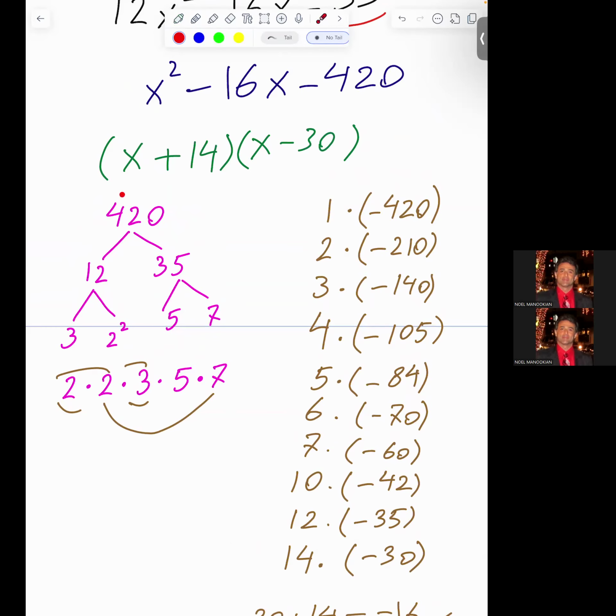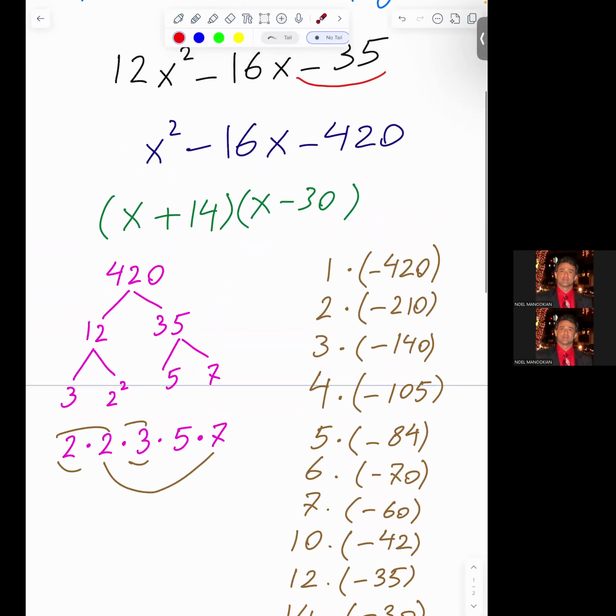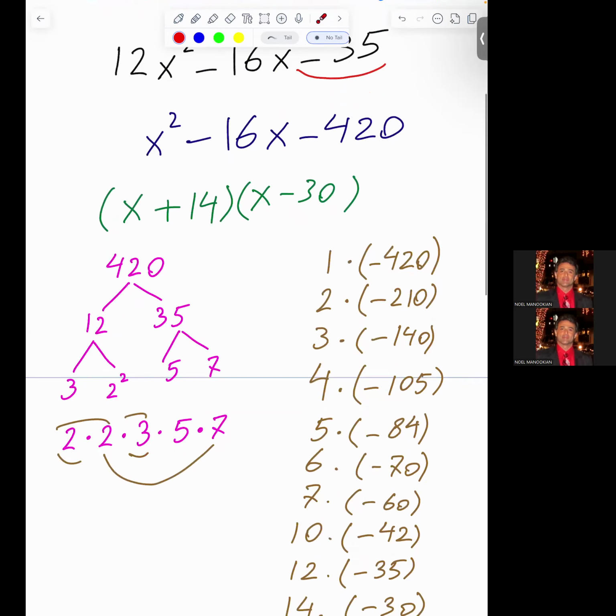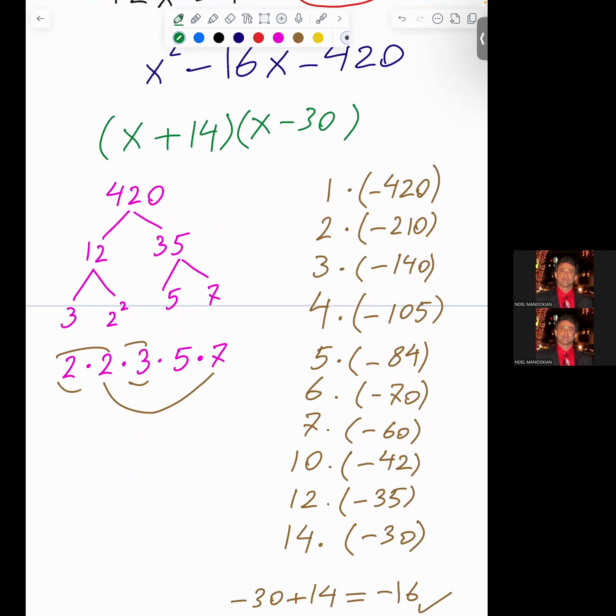However, this is not the final answer because we just factored x squared minus 16x minus 420. But this is going to help me to get the factor of the original expression. Okay, so far I got x plus 14 times x minus 30.